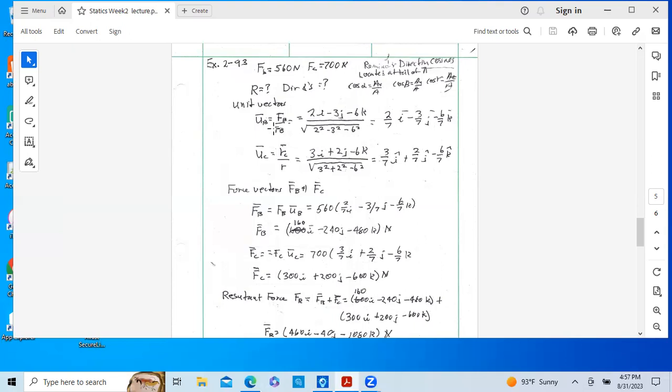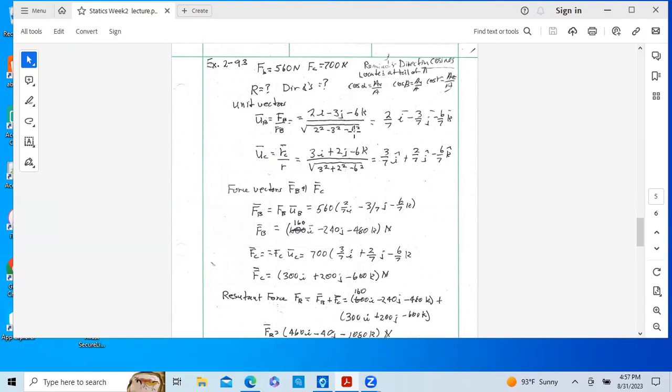So for the A to B direction, I said the I dimension was 2. We could find the J dimension is -3, and the K dimension is -6. The unit vector then is that position vector divided by the magnitude of the position vector.